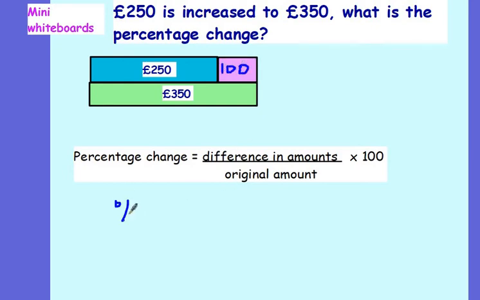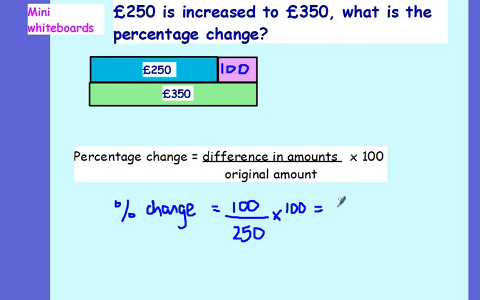So this time our percentage change is 100 over my original amount, which is 250, multiplied by 100, which you can either use a calculator or you can just work it out, is 40%. And this is a 40% increase.